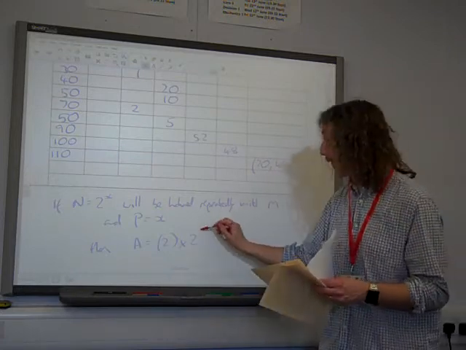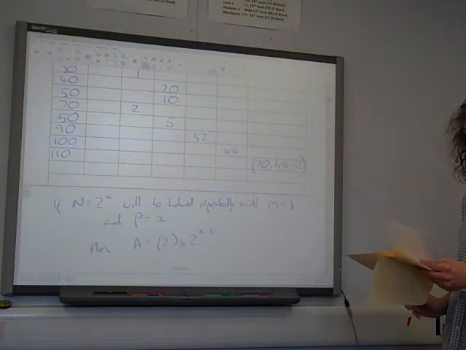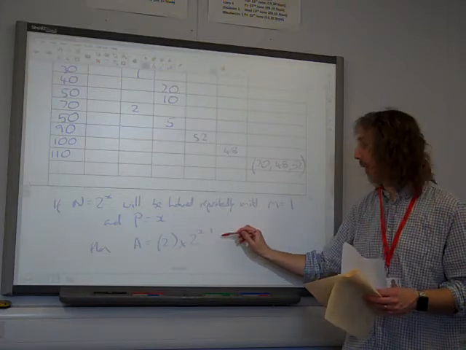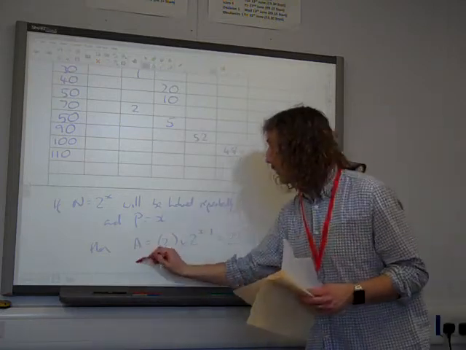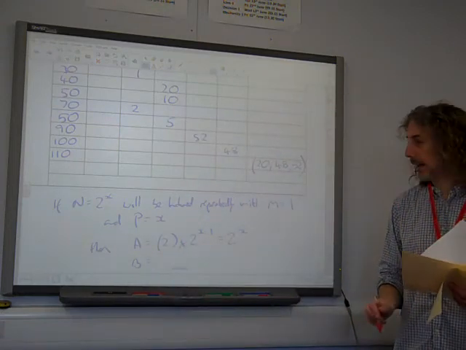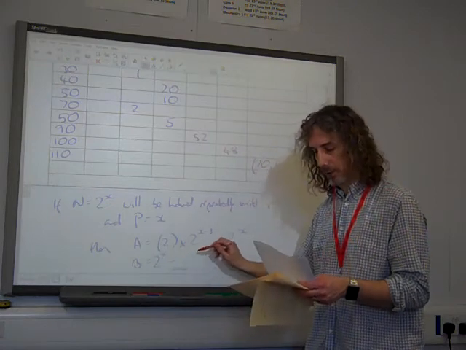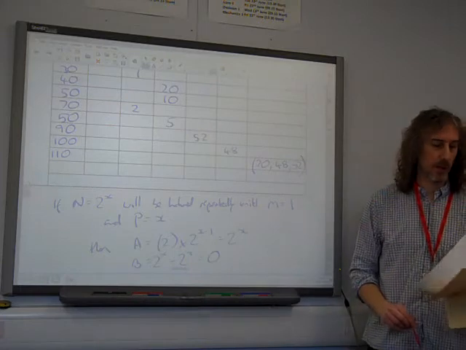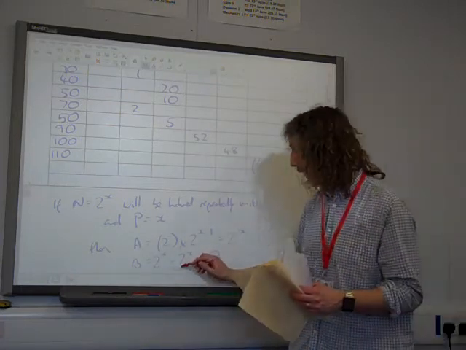And p would be x, so that's 2 to the power of x minus 1, which is 2 to the 1 times 2 to the x minus 1. You add together the powers, so that is 2 to the x. B would be a minus 2 to the p, so that is 2 to the x minus 2 to the x. So b would end up being 0, and we would then display the values at the end.